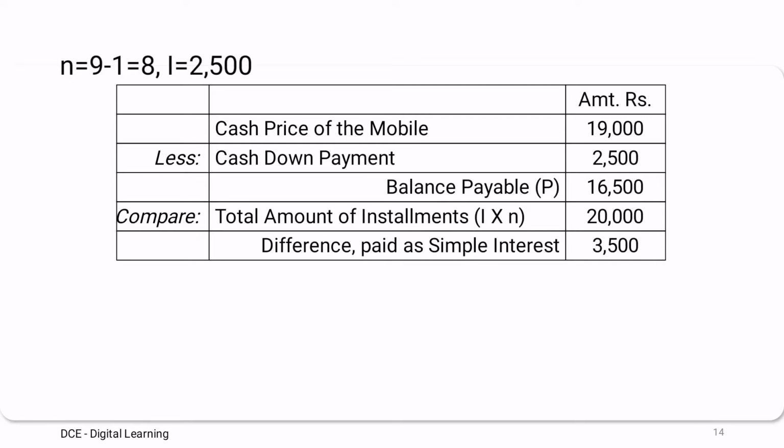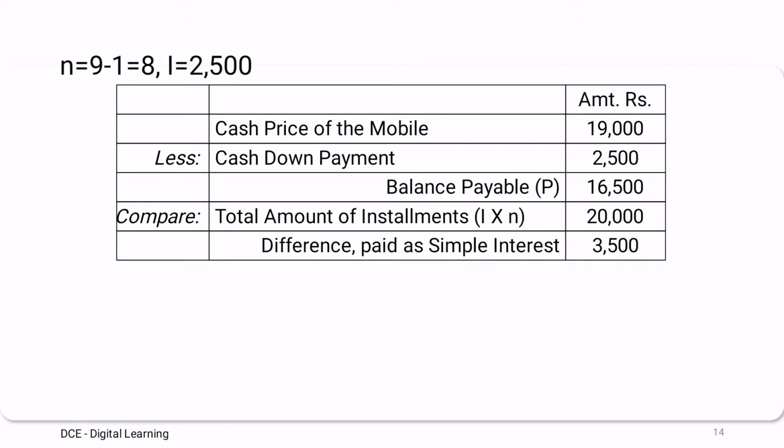So remaining number of installments will be 9 minus 1, 8, and amount of each installment is 2,500. So now the table showing simple interest. Cash price of the mobile is 19,000 less cash down payment, the first installment amount paid on the date of purchase, 2,500. Balance payable by the customer is rupees 16,500.